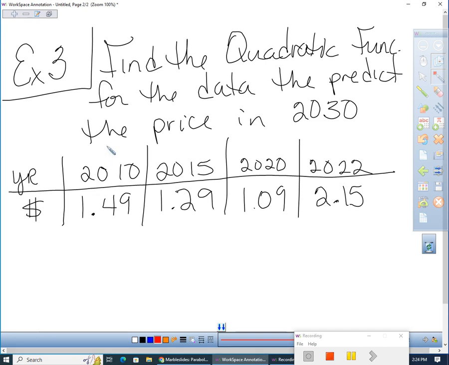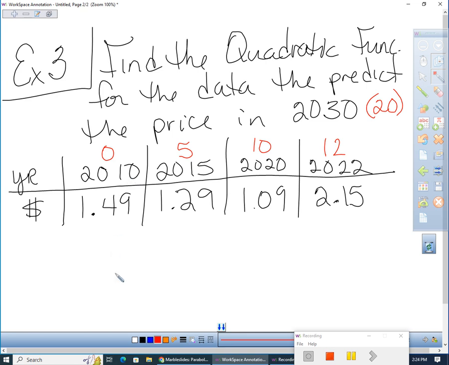So this one's going to be 0. This happens 5 years later. This happens 10 years later. This happens 12 years later. And once we get our equation and we go to predict 2030, what number am I going to put in? 20. It is 20 years after our start.